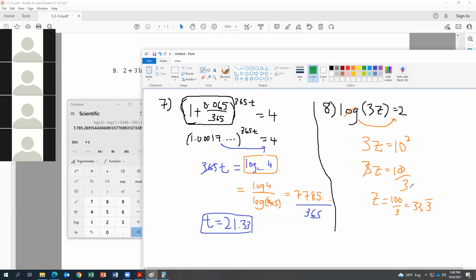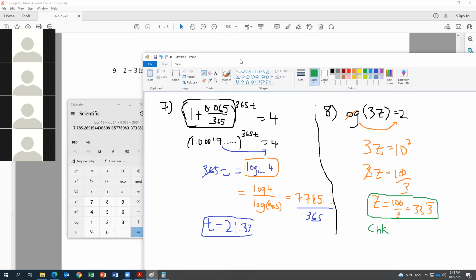So my question is, do we need to check this answer? Yes. We have to check it. This one is optional because it's exponents, number 7. Number 8, you have to check it. So what you need to check is to plug this back into your z, and you want to check if this whole thing is positive.